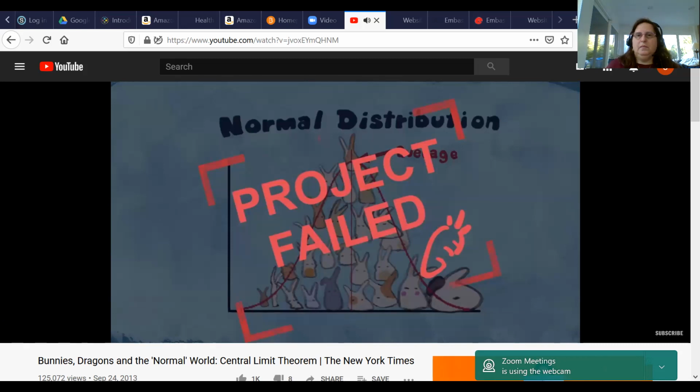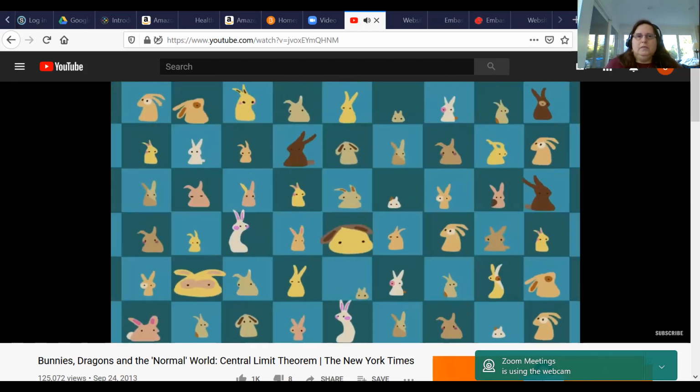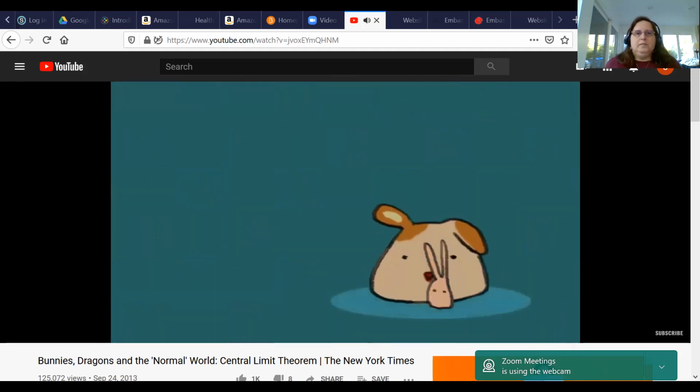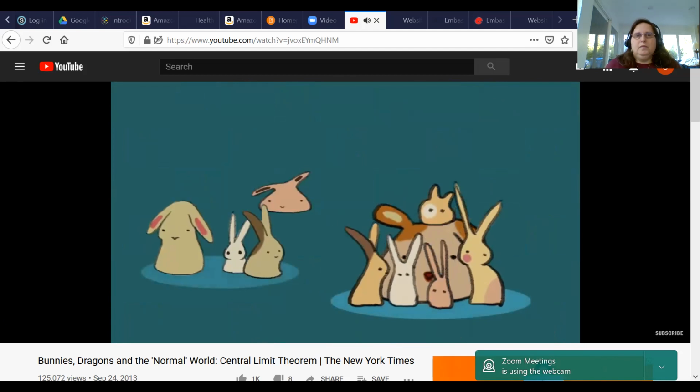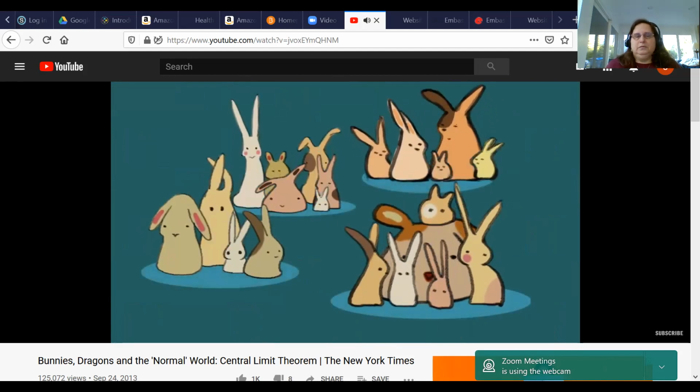So, he changes the plan. Instead of measuring every rabbit in the whole group, he decides to measure rabbits in small groups, chosen at random from the whole group. He knows that each small group won't necessarily be perfectly representative of the whole group, so he measures many small groups and then compares the averages of each.